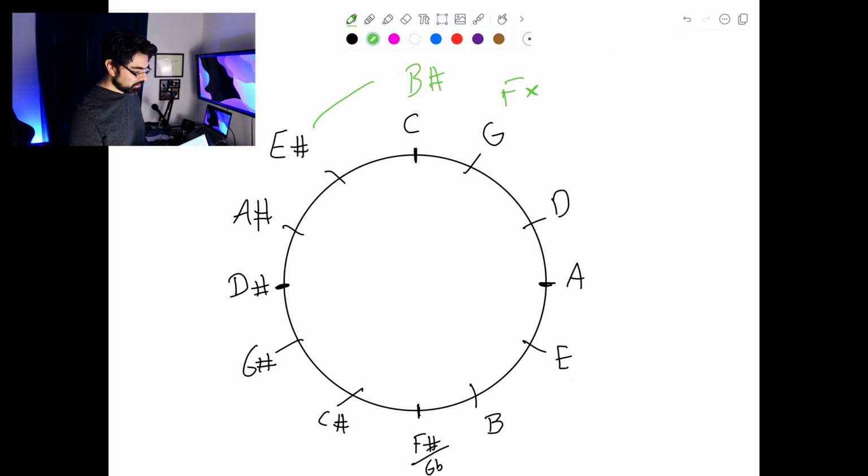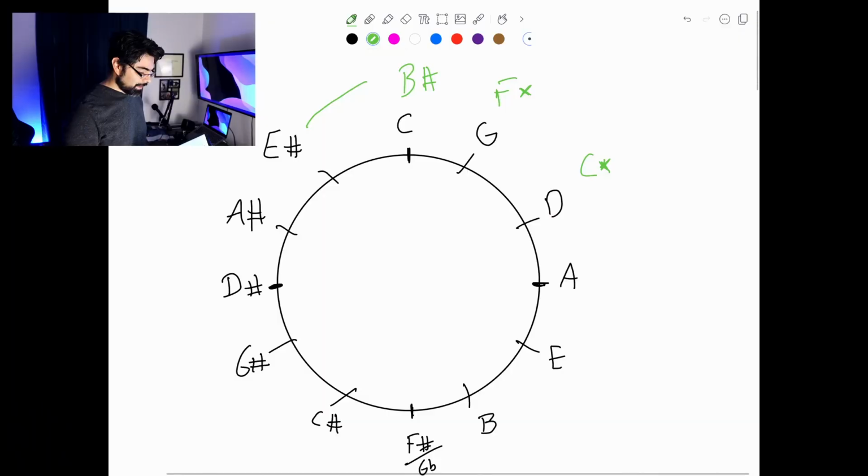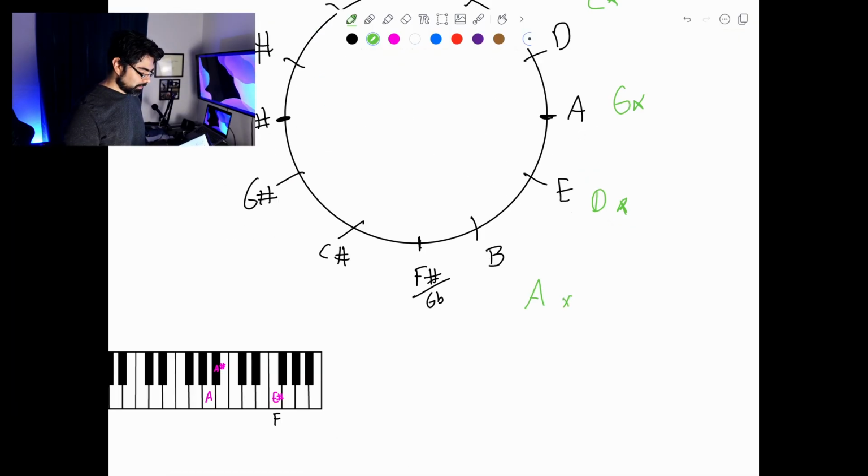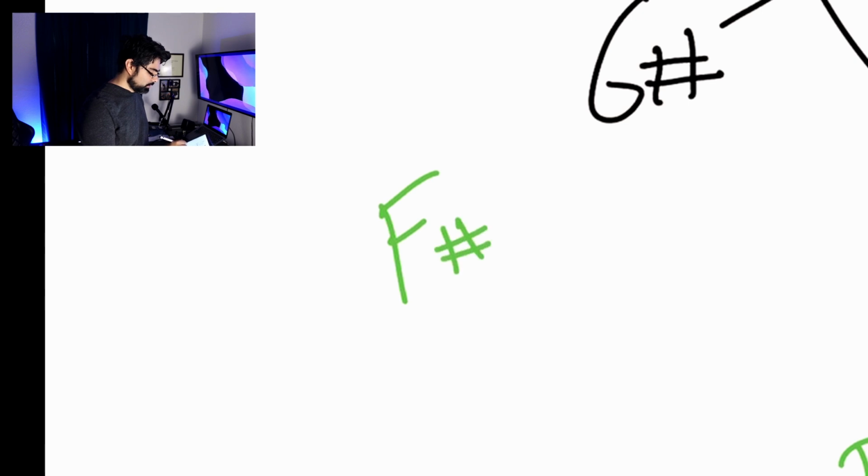Okay? F double sharp. And from F double sharp, we go to C double sharp, where double sharp just means you go up 2 semitones from whatever the letter. And then we go to G double sharp, and D double sharp, and A double sharp, and E double sharp, B double sharp. And then I don't even know how to write this, F triple sharp. You just keep going on and on.